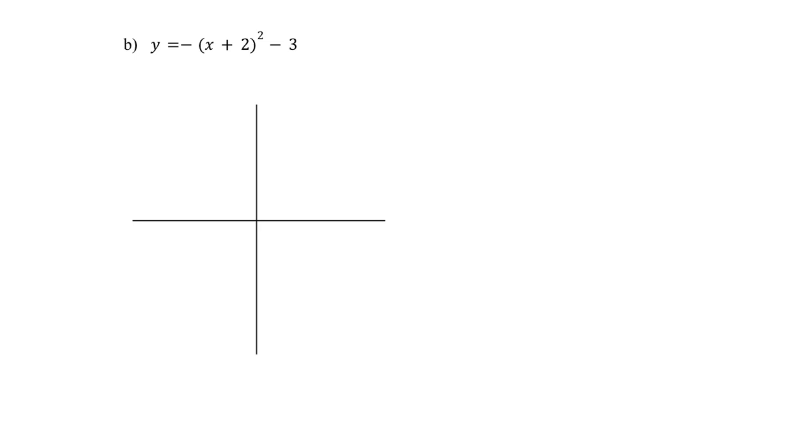So I take a peek. First thing I look for is my vertex, and I should be good. My vertex has to be at -2, -3. Shift it to the left 2, down 3. Okay, now I need my y-intercept. So to find my y-intercept, that means my x value is 0. That gives me this.